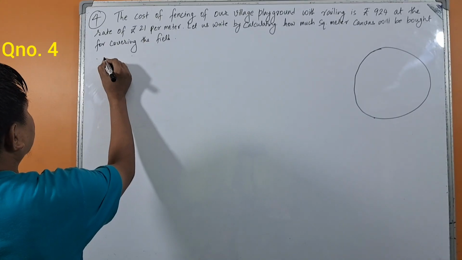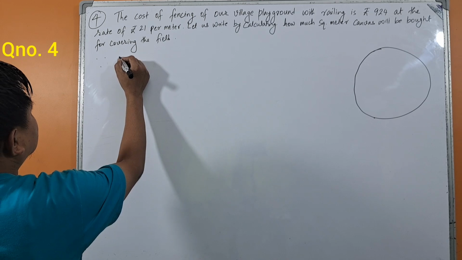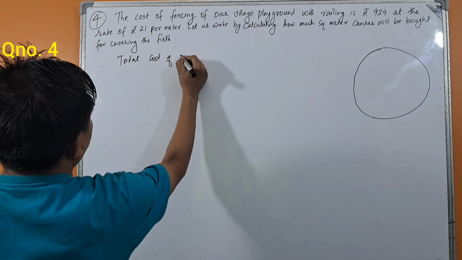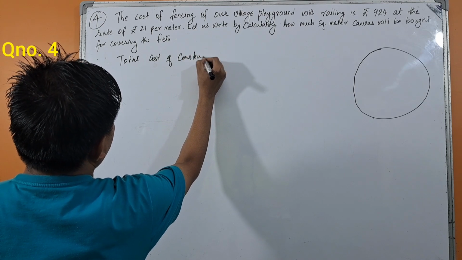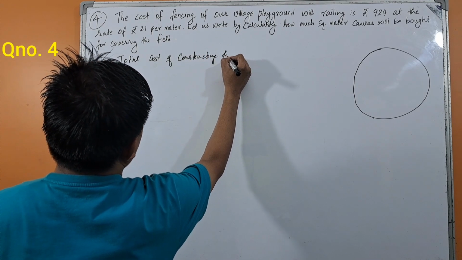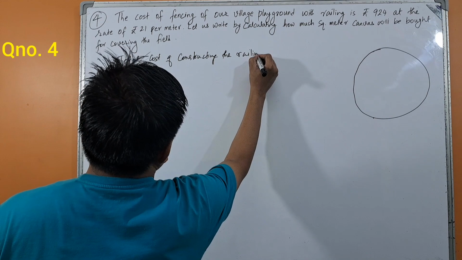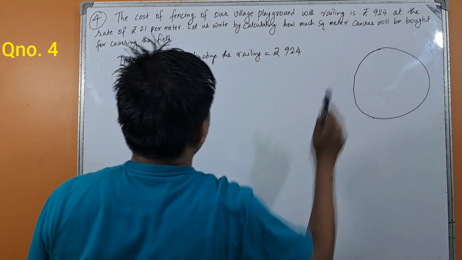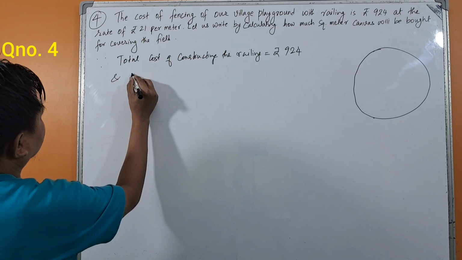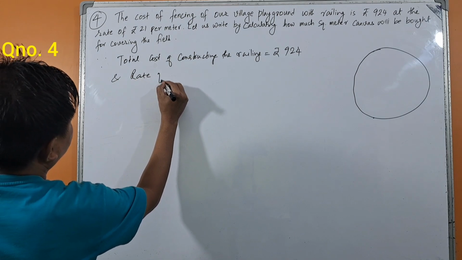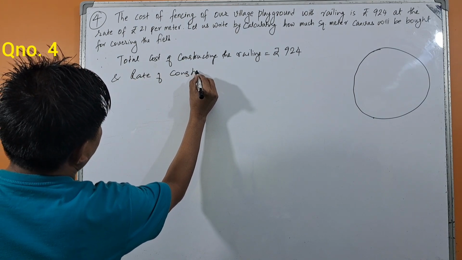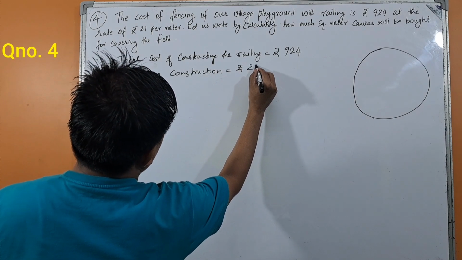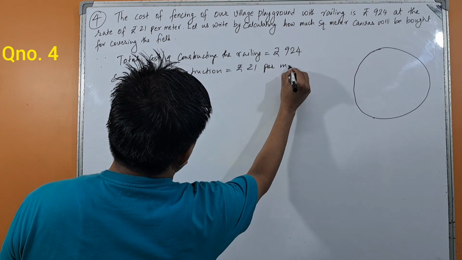Let's write the information given to us. Total cost of constructing the railing equal to rupees 924, and rate of construction equal to rupees 21 per meter.